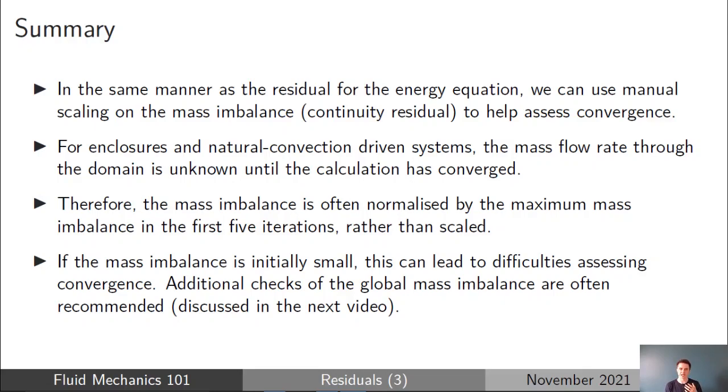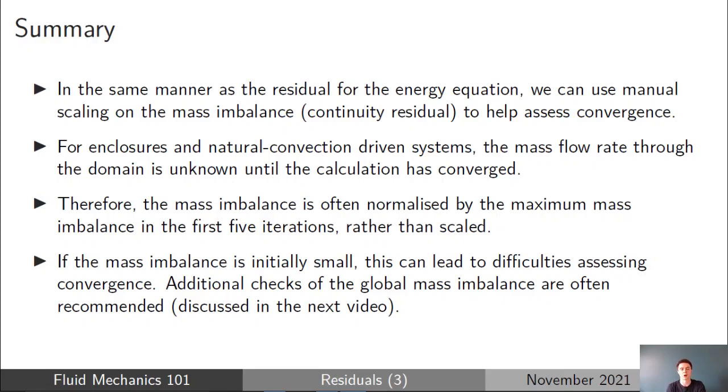And what we looked at in this particular talk is that the mass imbalance needs to be treated in a different way to the energy equation and the other equations, because we don't have a matrix equation where we can pull out a representative mass flow rate. And for some cases, like flows in cavities or natural convection driven flows, it's also not clear what that representative mass flux would be ahead of time until we calculate the solution.